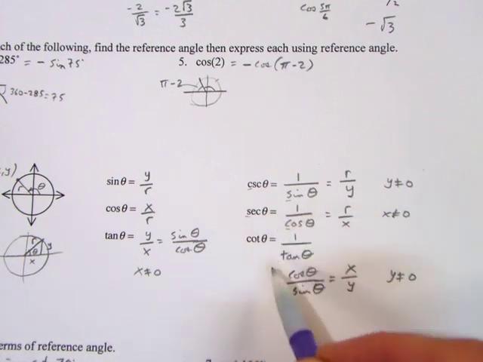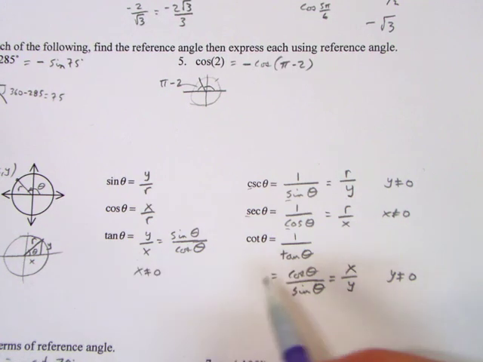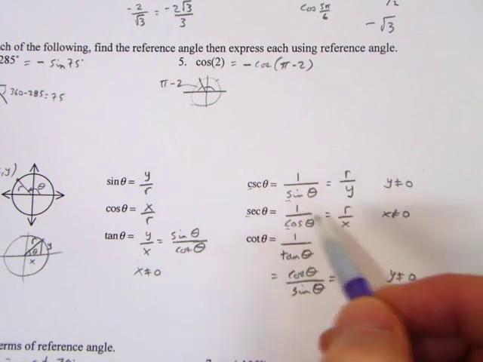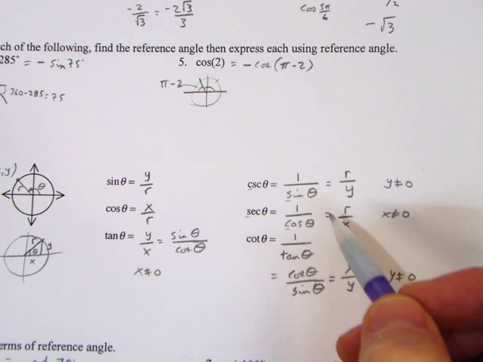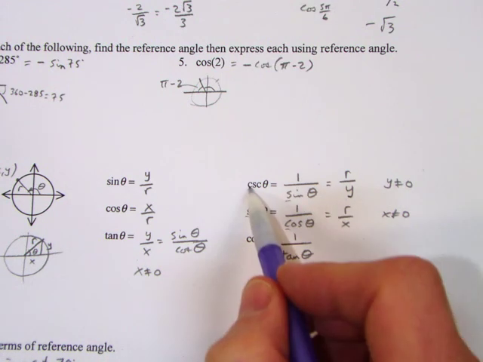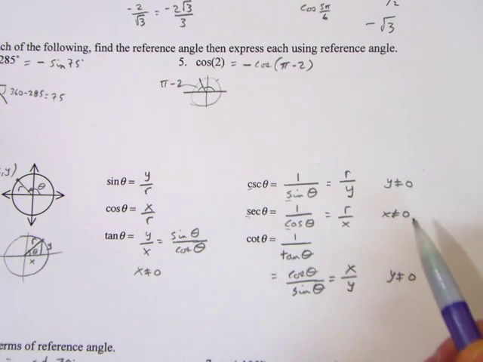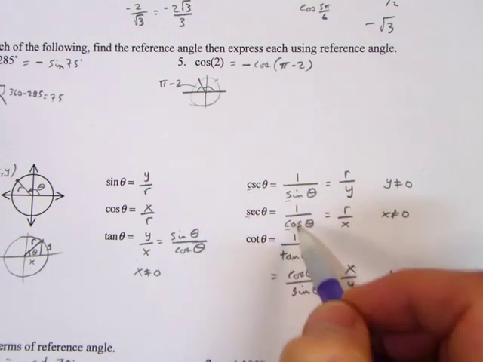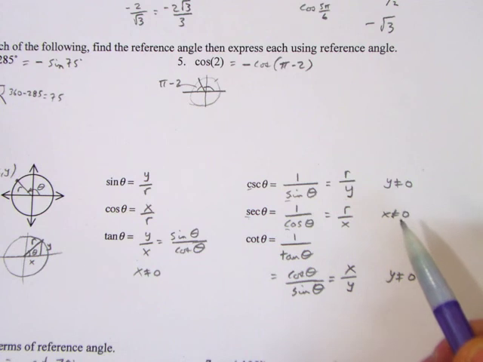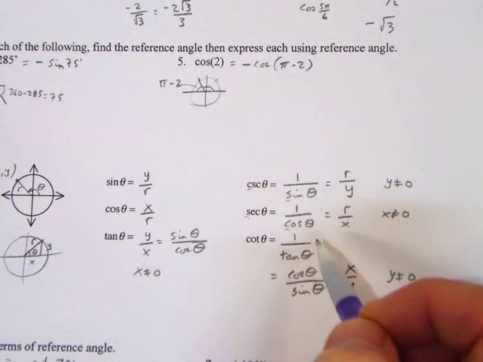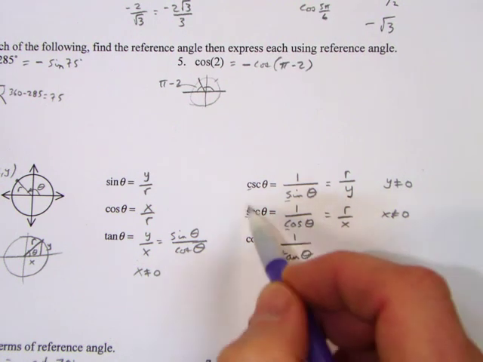Most people know, okay, that's going to go with tangent. But people will get the cosecant and secant mixed up. If you look at it, a C goes with S and S goes with C, so there's no way a C can go with a C. Cosecant cannot go with cosine. Cosecant always goes with sine. It's a reciprocal of sine. And secant goes with cosine.